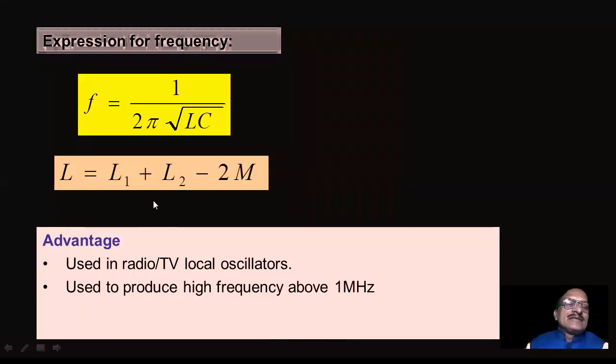Therefore, we have to calculate the equivalent self-inductance L existing between points P and Q of the circuit. This is usually a transformer, primary and secondary. So the equivalent inductance L is given by L1 plus L2 minus 2M. With this formula, you can calculate the frequency of the Hartley oscillator.